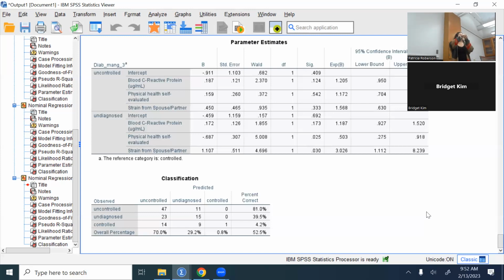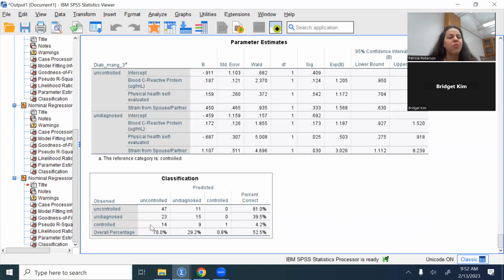So overall, you're going to look at that 52.5%. And because that's over 33%, you're like, okay, we're doing better than chance. Obviously not much better than chance, but we're doing better than chance. But what's going on with this controlled group?